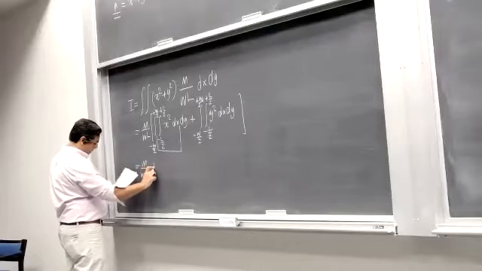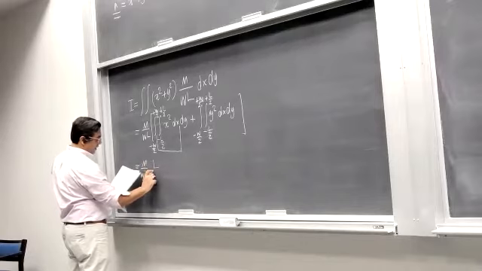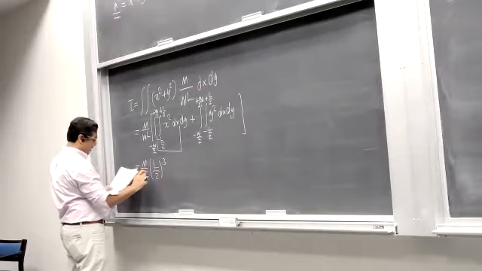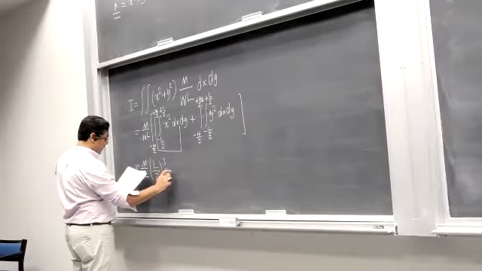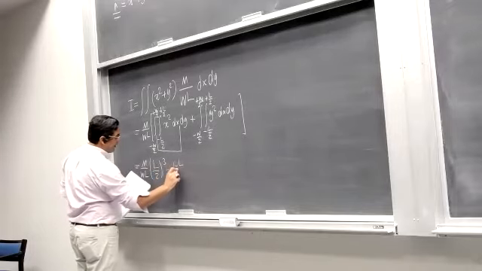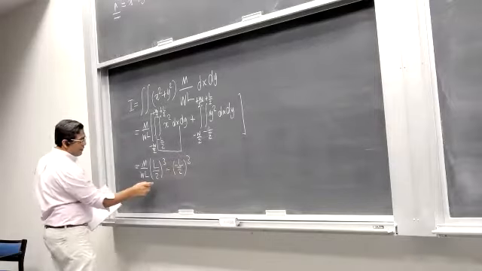x cube by 3, with the limits introduced: L by 2 cube, minus minus L by 2 cube, over 3.